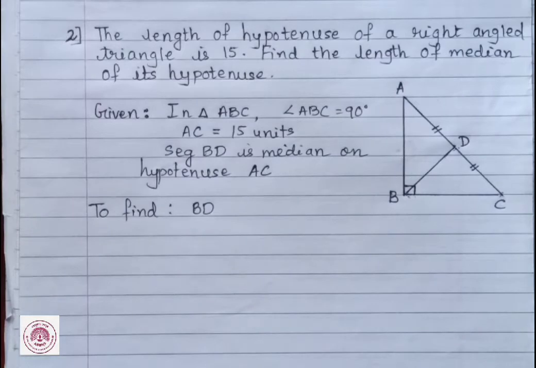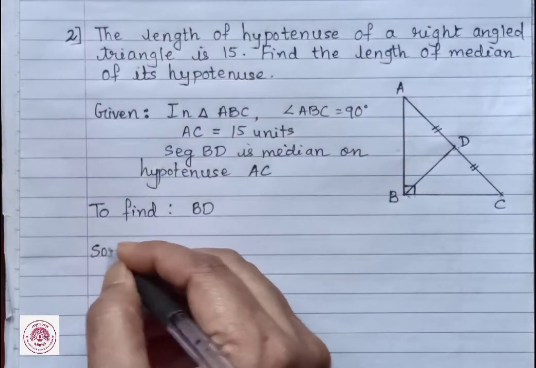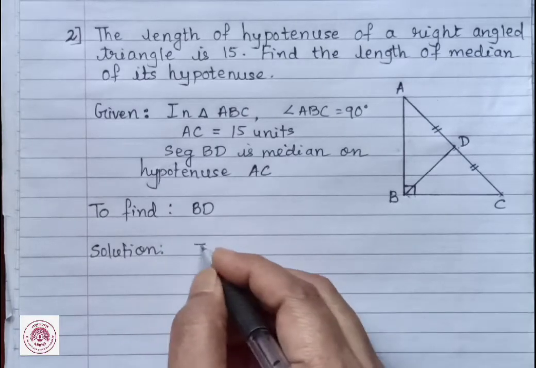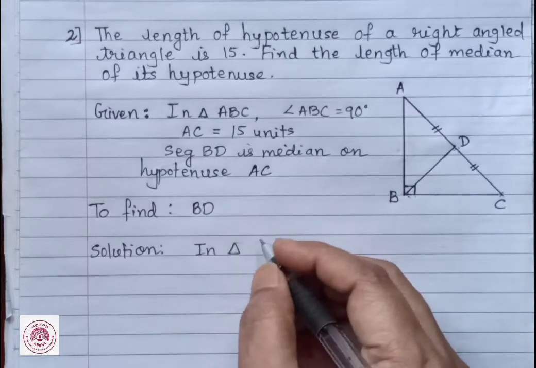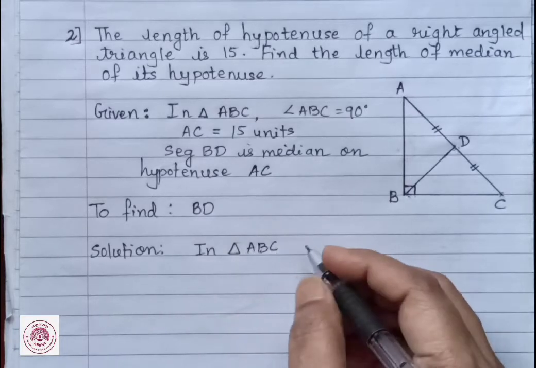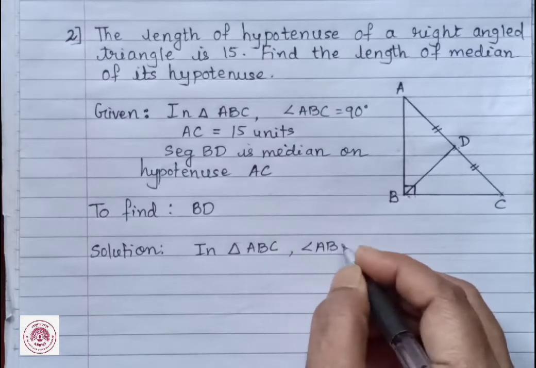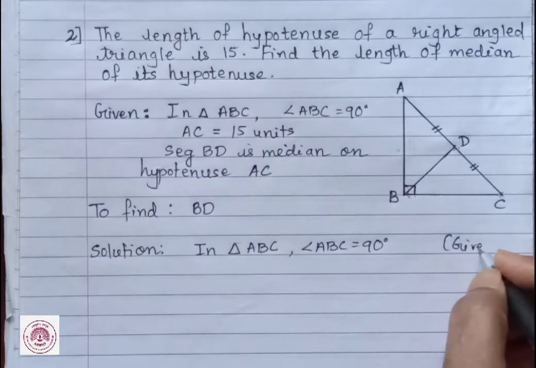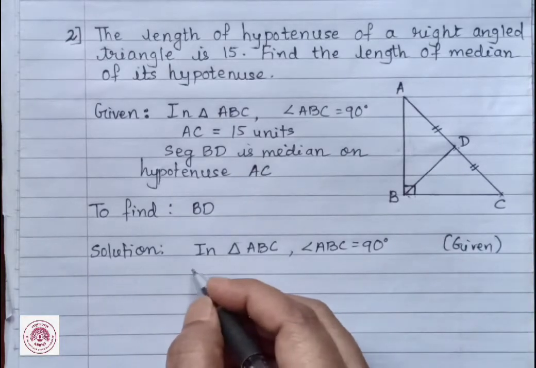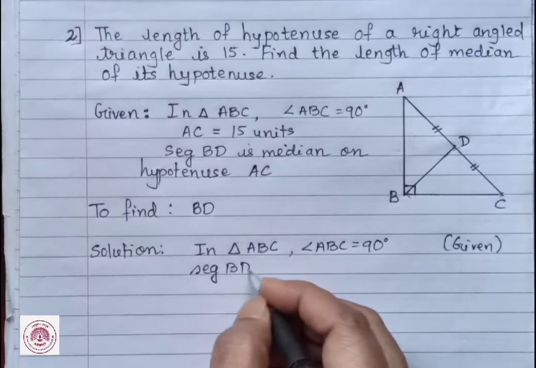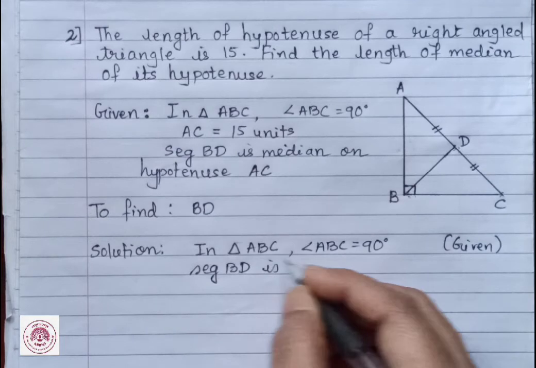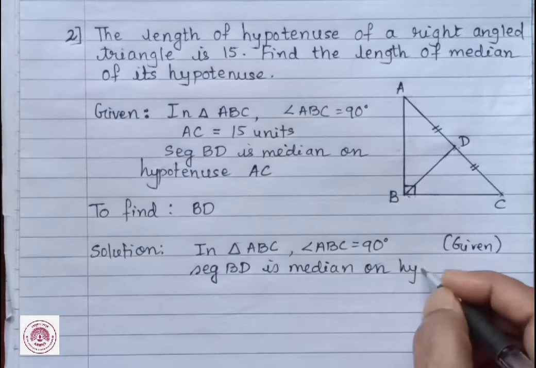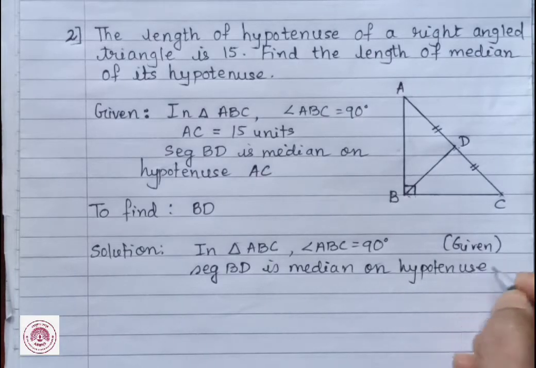So let's begin with the solution. Now in triangle ABC, angle ABC equals 90 degrees. This is given. Segment BD is the median on hypotenuse AC.